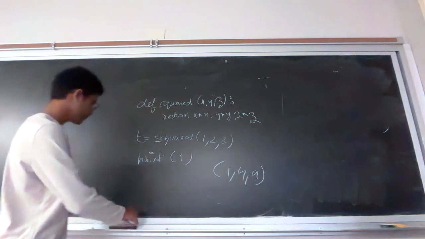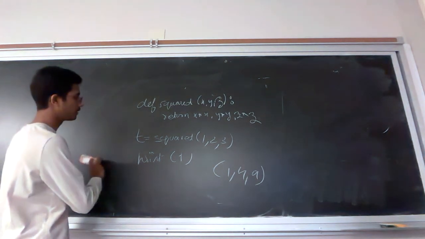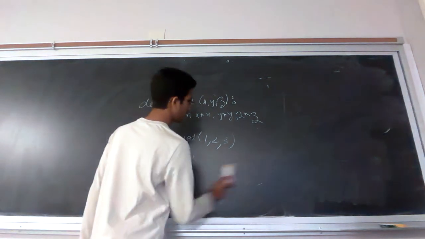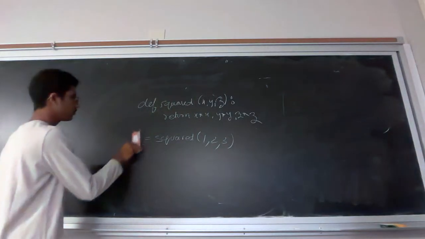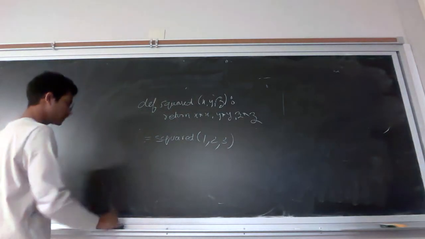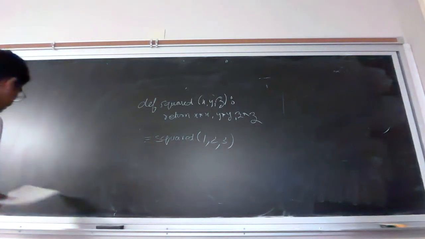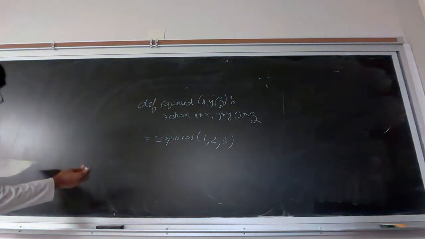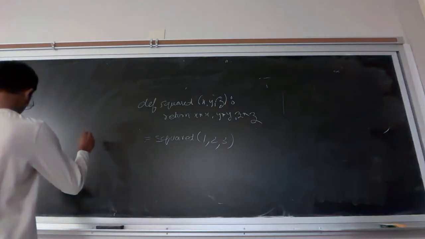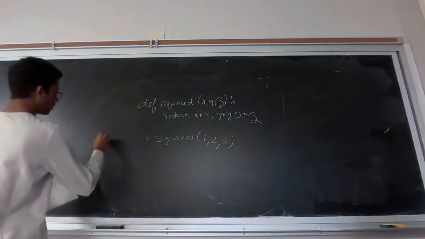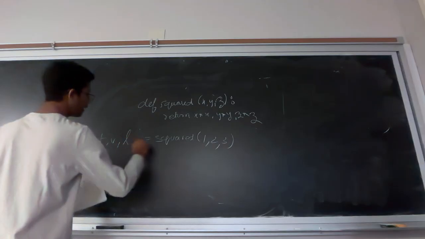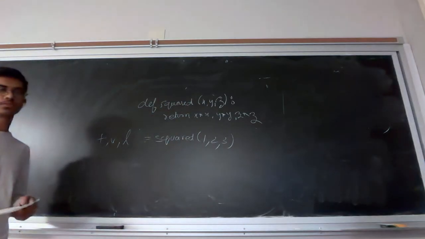On the other hand, let's say I want to save them all to different variables. How would I do that? Well, for that, I would need to know the number of values that are being returned. In this case, I know the number of values being returned. So I'll write p comma v comma l is equal to squared 1 to 3.